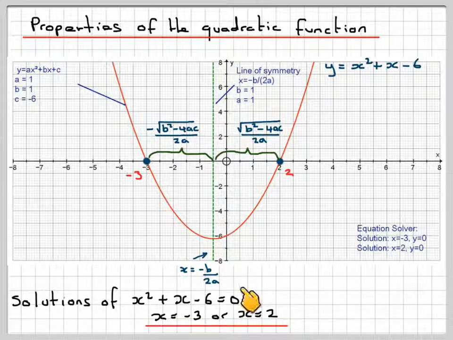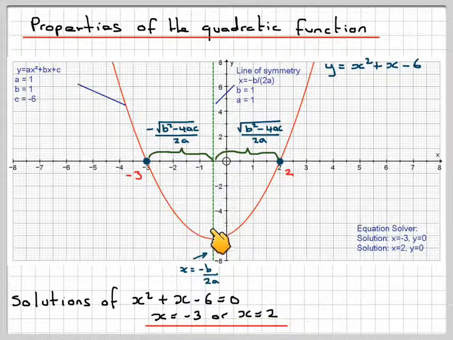So one root you get by taking the line of symmetry, minus b over 2a, minus the square root of b squared minus 4ac all over 2a, and the other root you get by doing minus b over 2a plus the square root of b squared minus 4ac over 2a. If it's just one root only, so we've got that point there, then b squared minus 4ac will be equal to 0, because there's no distance there.